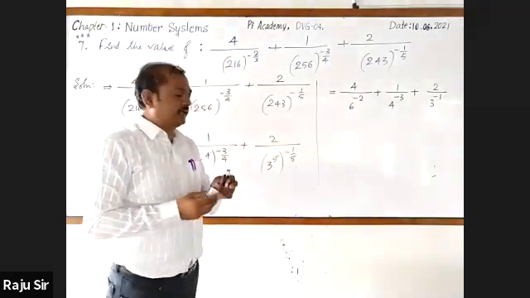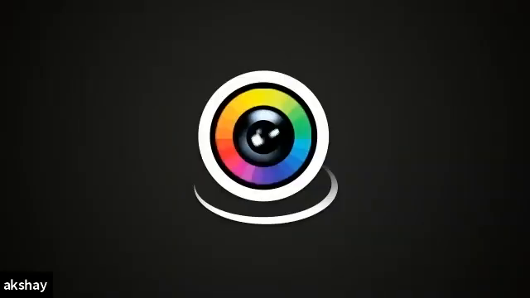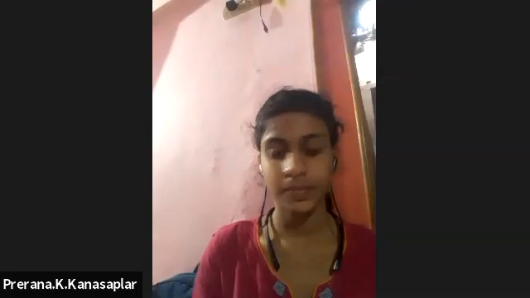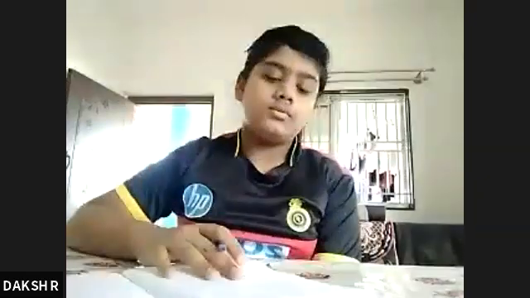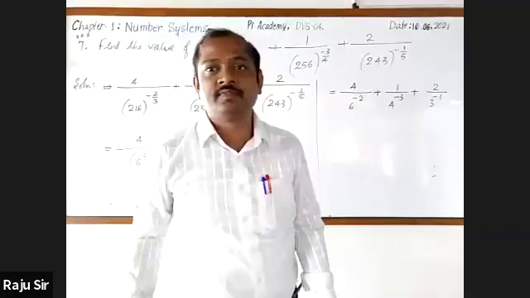Could you tell how to write? Reciprocal. Reciprocal, sir. 1 by a to the power minus b. 4 divided by 1 by 6 to the power 2.